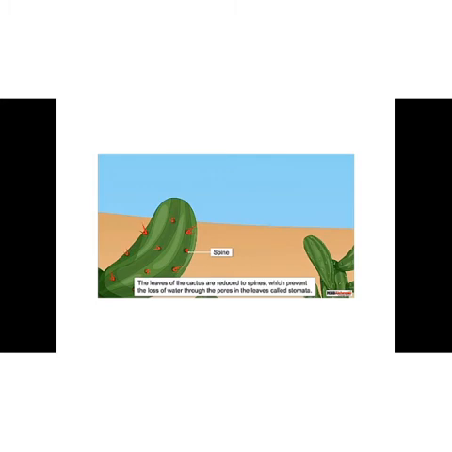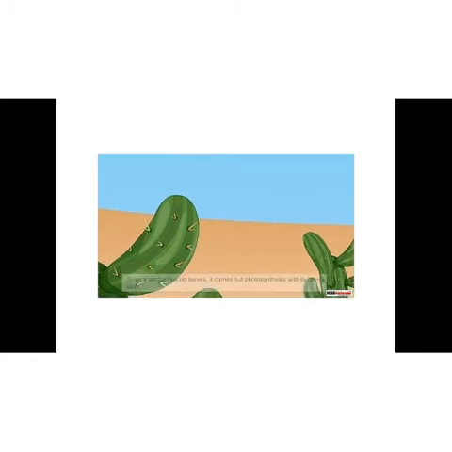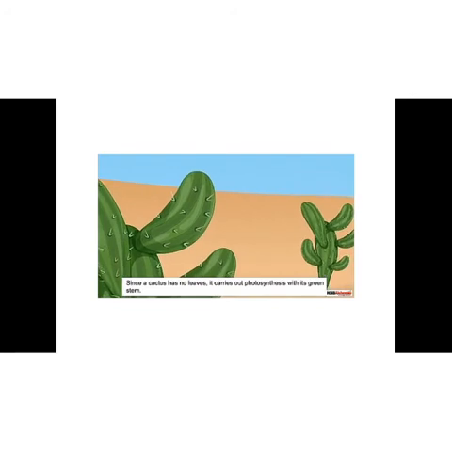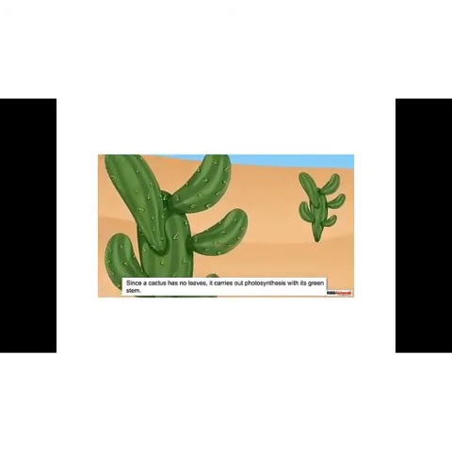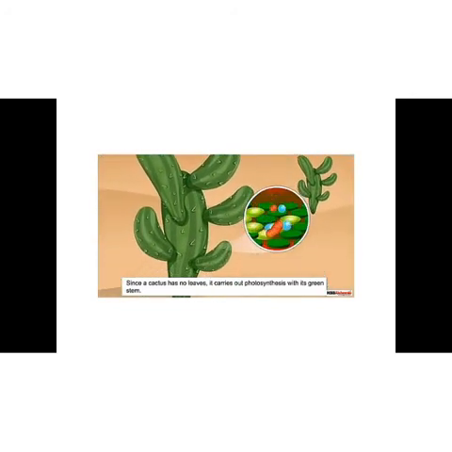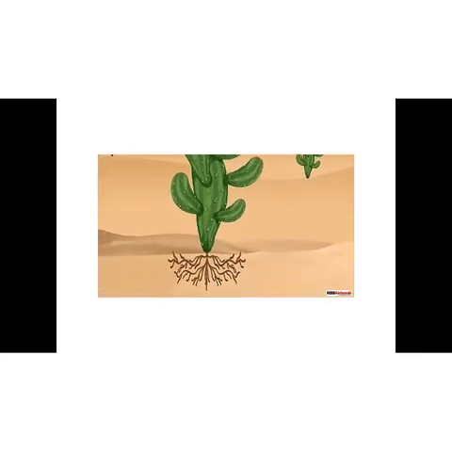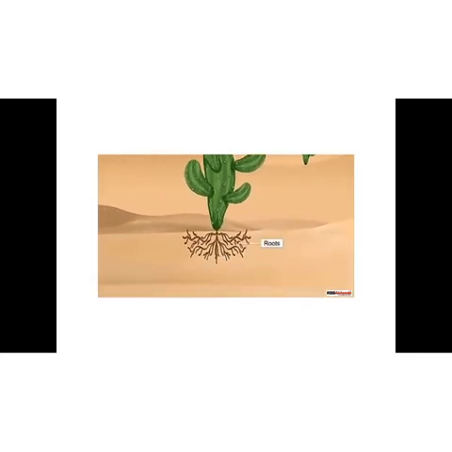This is an adaptation of this plant to prevent the loss of water that occurs through the pores in the leaves called stomata. Since a cactus has no leaves, it carries out photosynthesis with its green stem. So, the food for the cactus plant is made in its green stem. Just like stem and leaves, the roots of the cactus are also adapted to the desert.